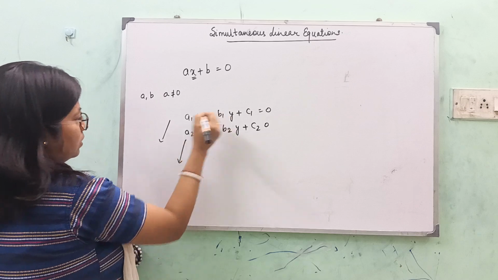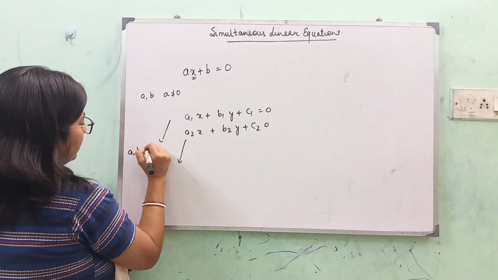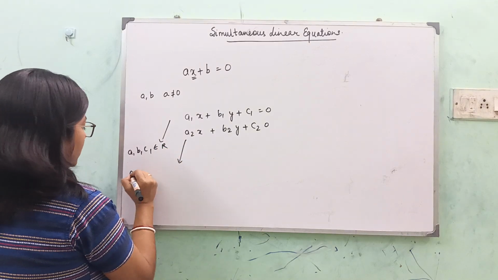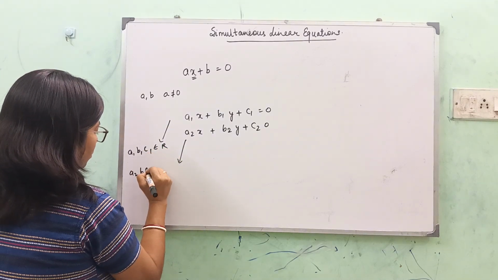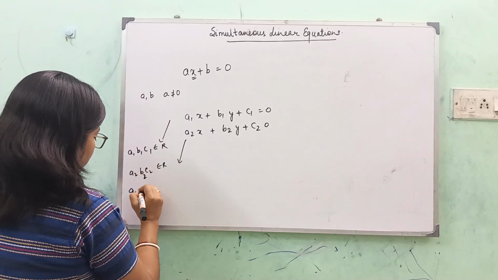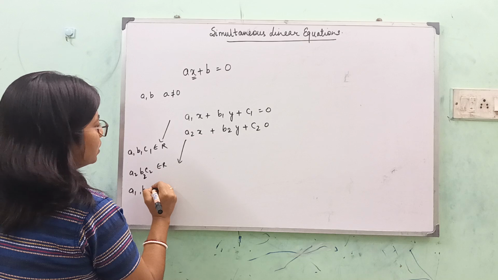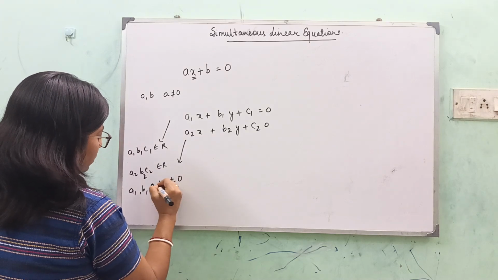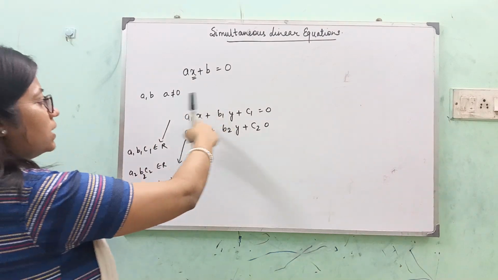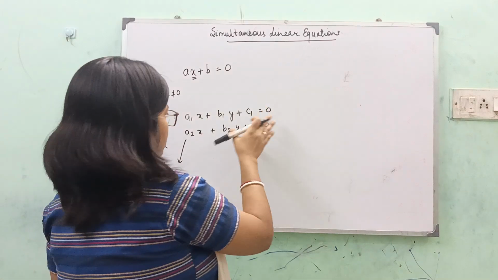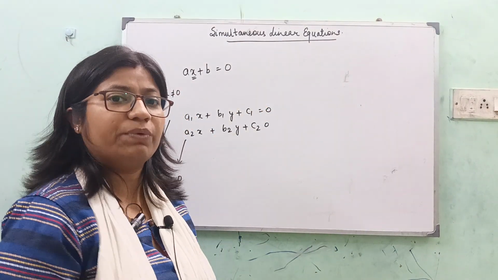Defining the constants, a1, b1, c1 all belong to real numbers, and a2, b2, c2 also belong to real numbers, where a1, b1, a2, b2, none of them are equal to 0. So these are two linear equations in two variables.